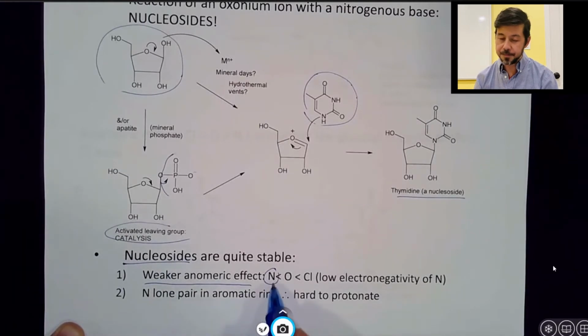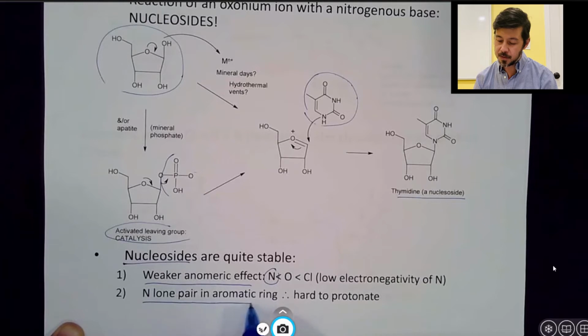However, nitrogen is less electronegative than oxygen, so it's less willing to accept those electrons. That can actually make it more stable. It's not going to pull as much and not be as good a leaving group.